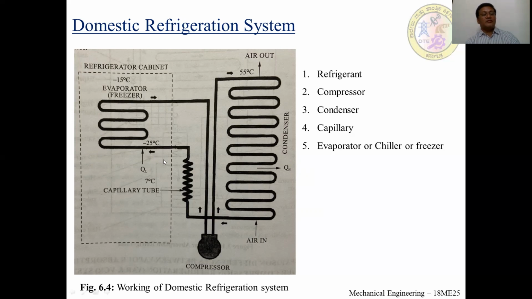In the cabinet we have minus 25 degrees Celsius, and in the evaporator the variation is from minus 25 to minus 15 degrees Celsius. At the entry of the cabinet it is 7 degrees Celsius, then 15 degrees Celsius, then minus 25 degrees Celsius. This is the temperature variation in the domestic refrigeration system.